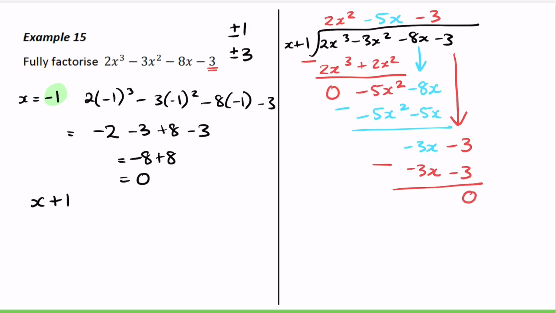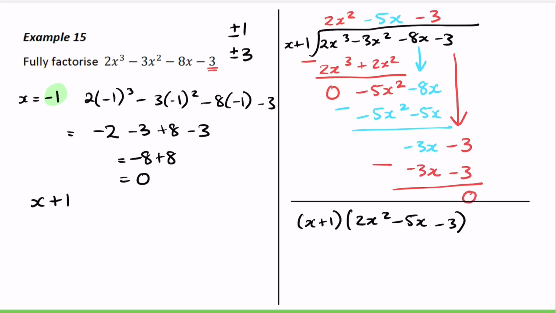We now have our factor, and we also have our quotient, and we can now factorize from there using our normal quadratic rules. So as we can see, we've got a value at the front, so we do need to do our A times C technique. So we want two numbers that will multiply to give us negative 6 and add to give us negative 5. Those two numbers will be negative 6 and 1. So I'm going to go ahead and split the middle term.